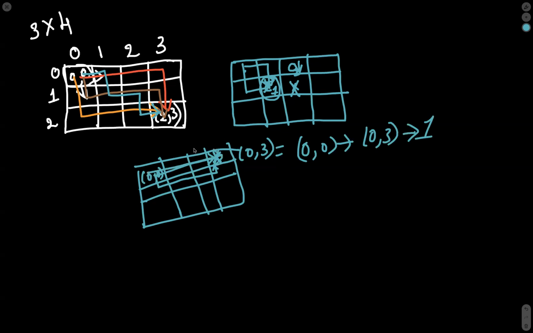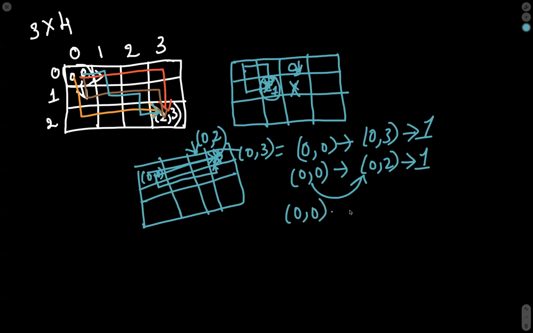In the same way, if I take this cell, 0 comma 2, from the starting index 0, 0 to 0 comma 2, it would be the same thing, only one path from this source to this destination. In the same way, for all the elements in the first row, the total number of paths is only one. From 0, 0 to 0 comma 1, it is 1.